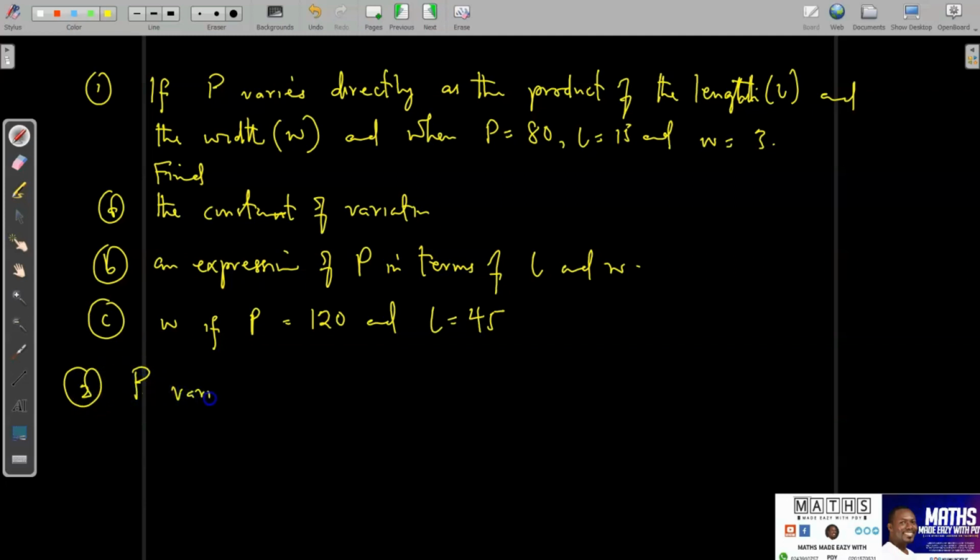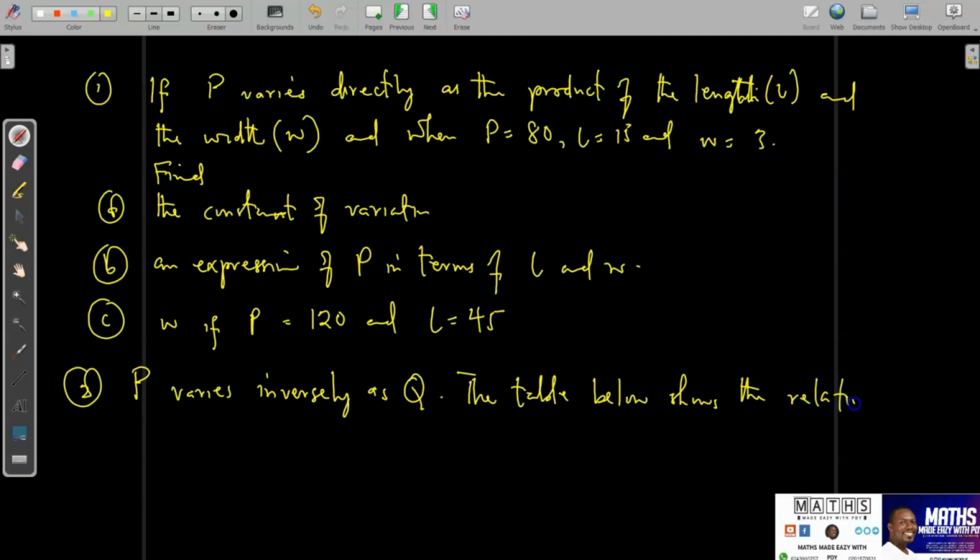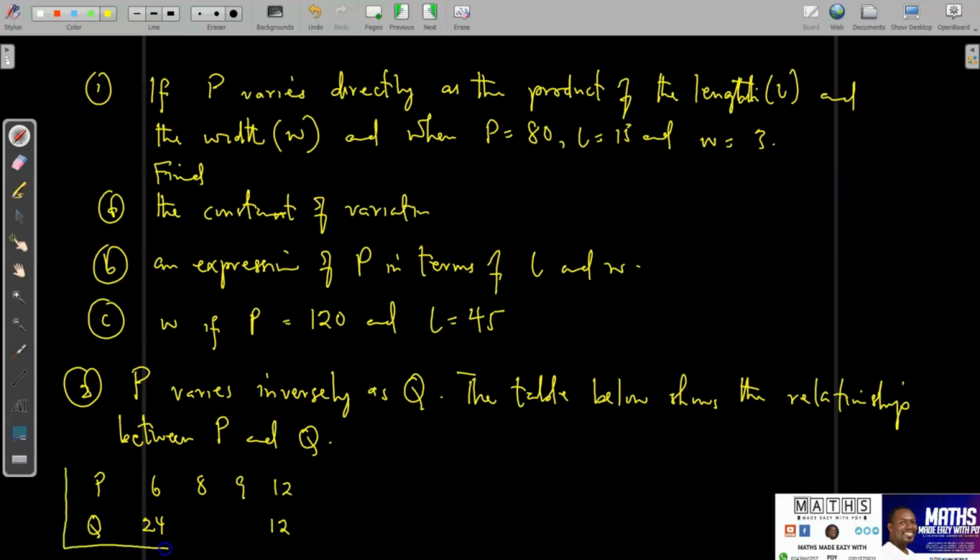Number two: P varies inversely as Q. The table below shows the relationship between the values of P and Q for some selected activity. So we have the table here. P is here, we have Q there. And we have 6, 8, 9, and 12. We have 24 here, and then we have 12 here. So we have this in the form of a table.